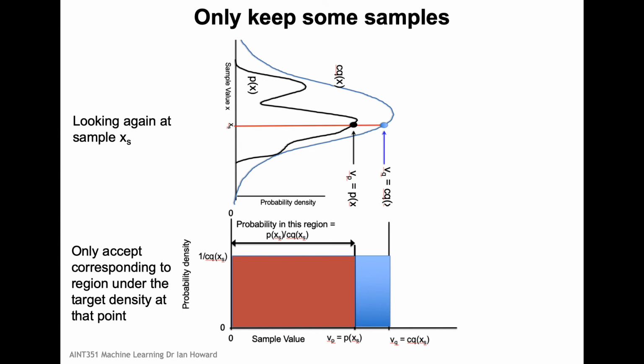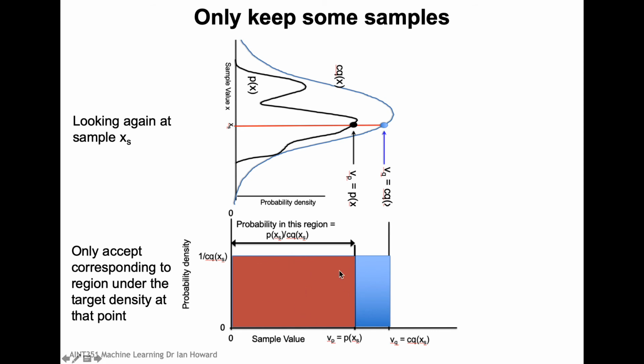So what we can see is this region here to here, this length, is the probability that we're going to keep it, and the total thing is the total probability of a particular sample from a uniform distribution. So this distance here corresponds to p(x_s) divided by c q(x_s).